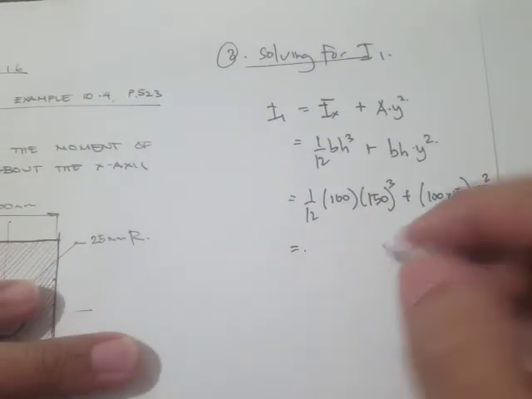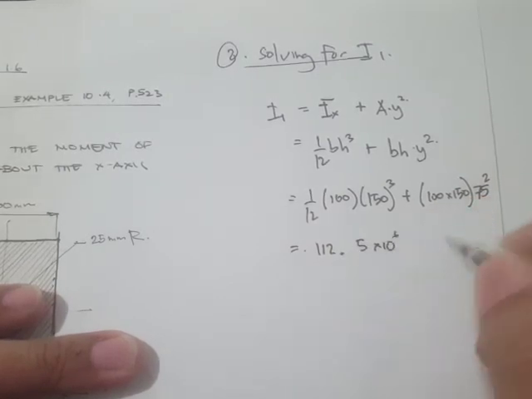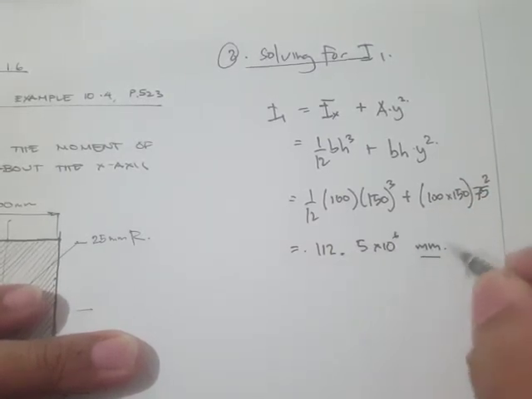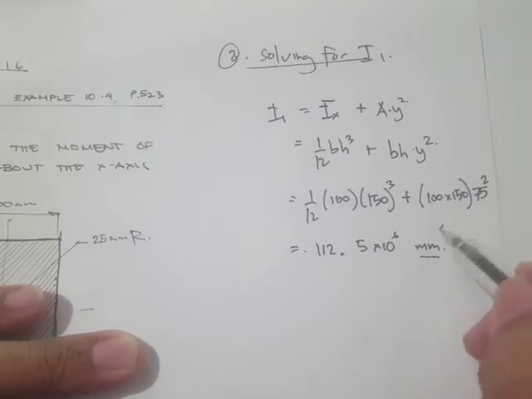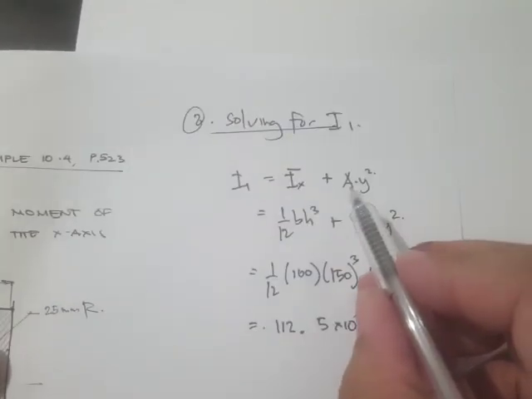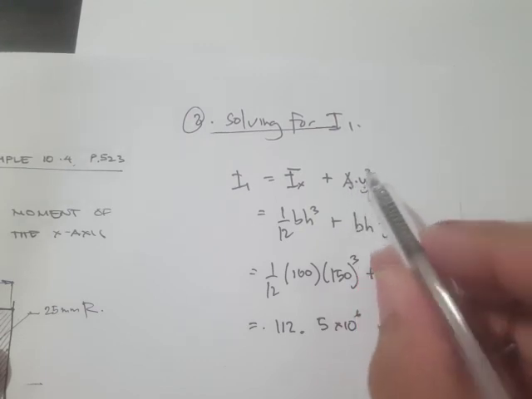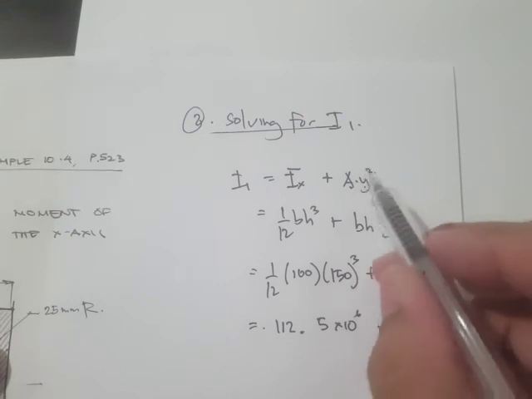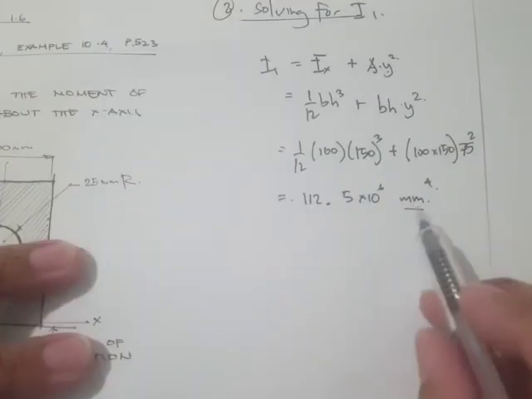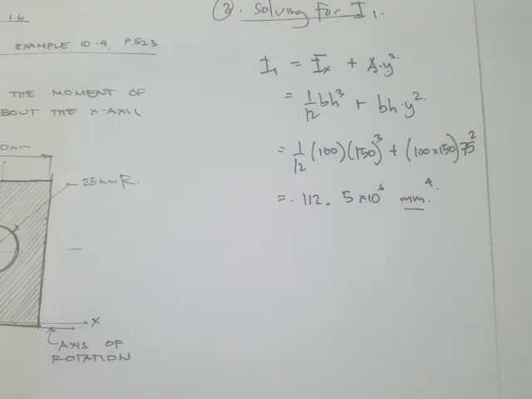If you do the math, you get 112.5 times 10 to the 6, and the unit is mm to the 4th. Why? Because the area is millimeter squared, and the distance squared is millimeter squared again, so when you multiply them, you get millimeter to the 4th.